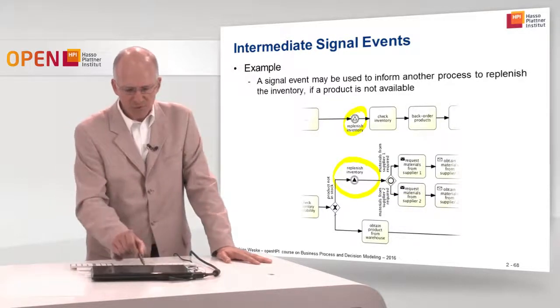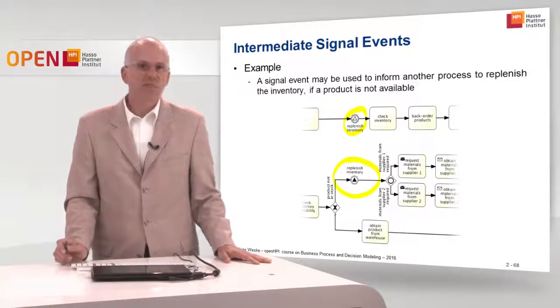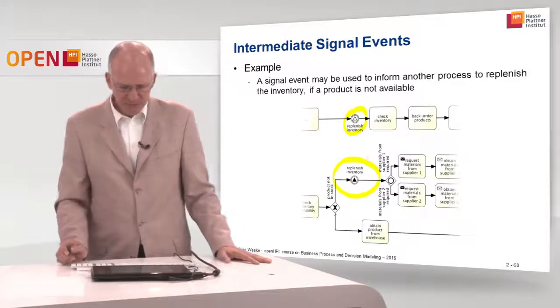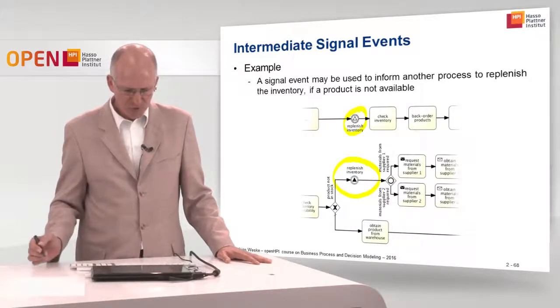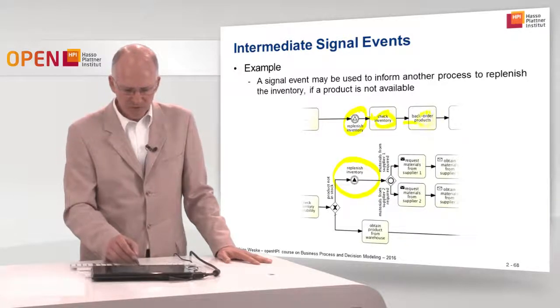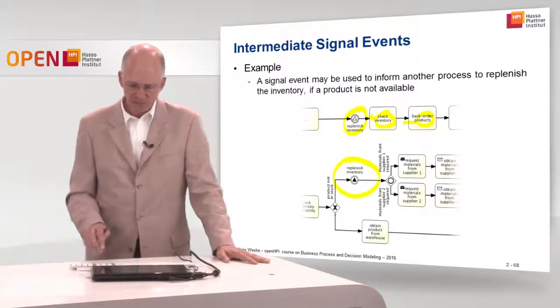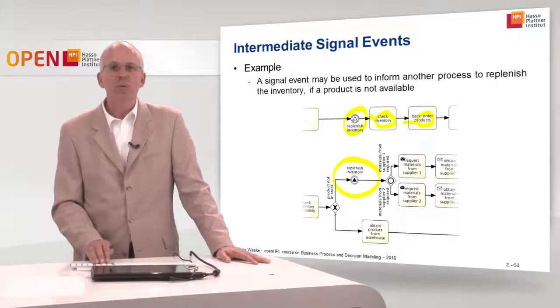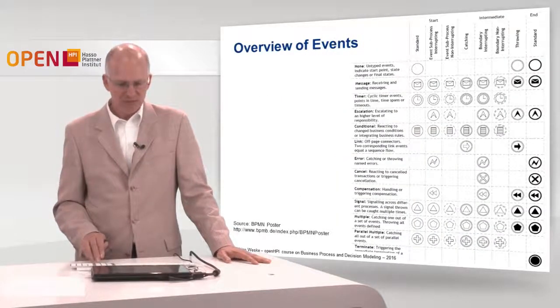If the process is just at that position, it could also be a start event of another business process. That would also be possible. And once this replenish inventory event occurs, then of course the upper process can continue, can check the inventory, can do back orders and things like this. So signals are the way in BPMN to communicate events across different business processes.